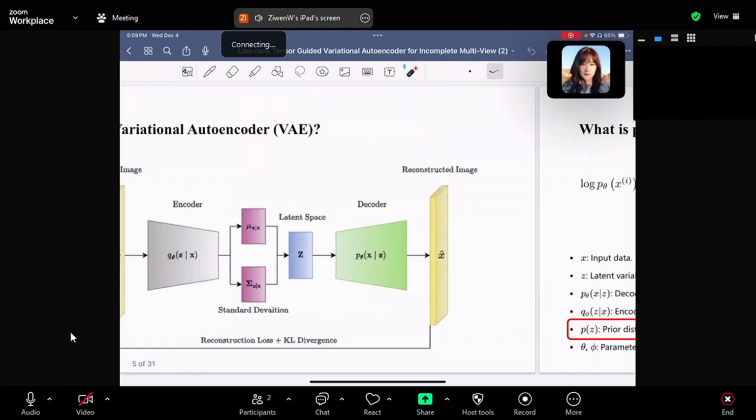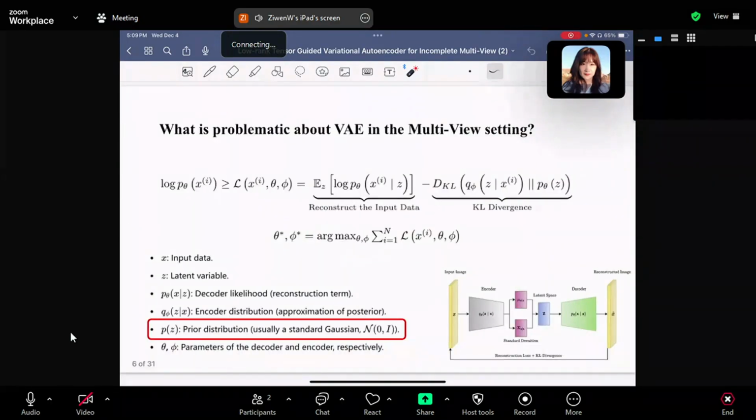I don't think I need to reintroduce the variational autoencoder, but the actual twist I made here is on the prior distribution. I don't necessarily like it. It's usually a standard Gaussian.